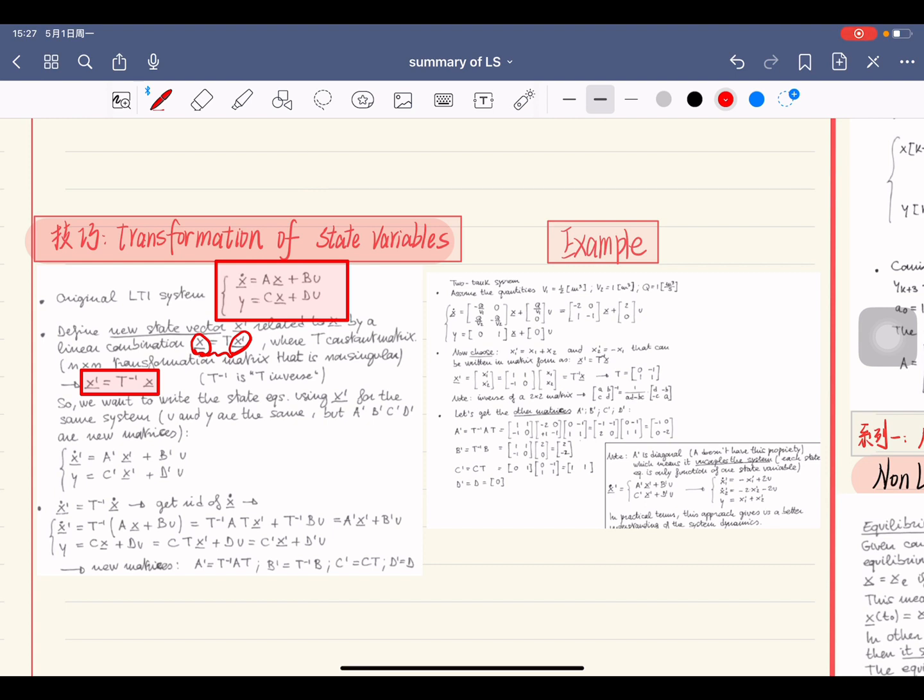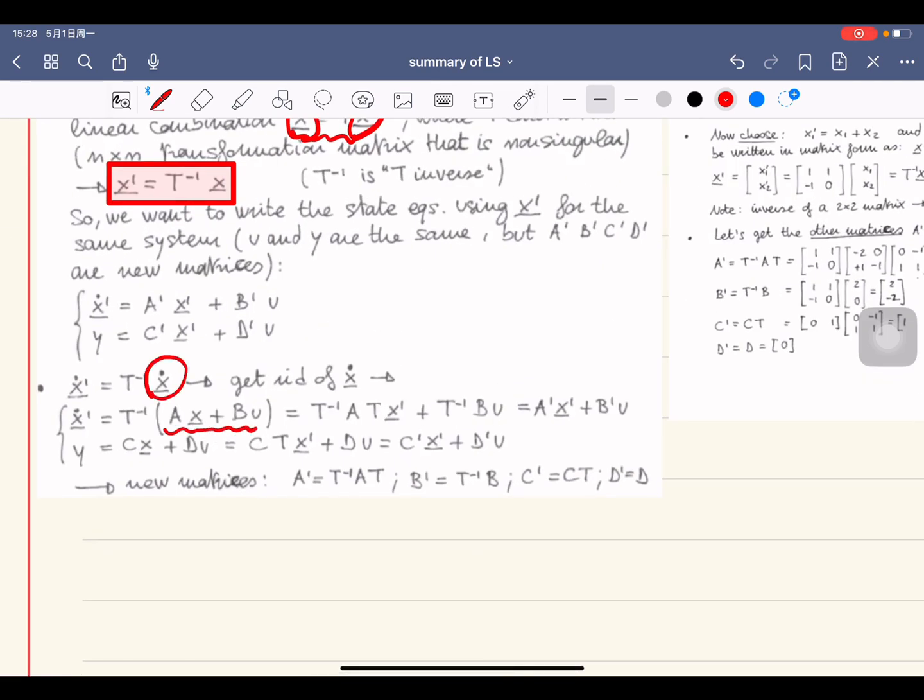So we want to write the state equation using the new variable for the same system. U and Y are the same, but A prime, B prime, C prime, D prime will be the new matrices. Now let's find the relationships between the new and the old. The old variable we express like this, so we also do the transformation like this. After that, because this one is T times S prime, we substitute it into this one.